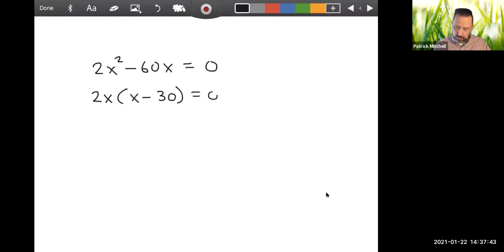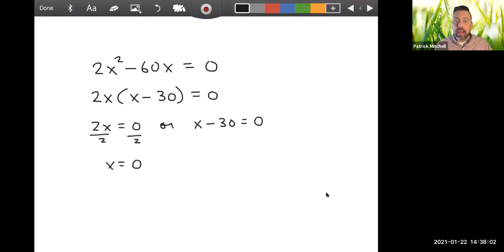Equals 0. So if 2x times x minus 30 is 0, that means either 2x is 0 or x minus 30 is 0. If 2x is 0, that means that x is 0. And of course, if x minus 30 is 0, that means that x is 30.